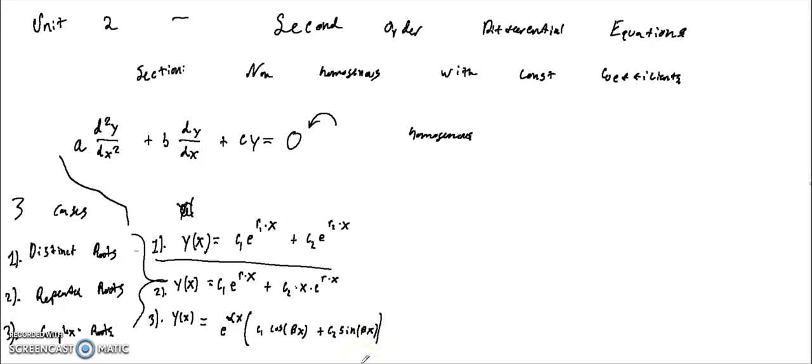Now, what is alpha and what is beta? Well, I'll show you with a quick little factoring example. So let me just refer to my notes real quick. Just 1 second.